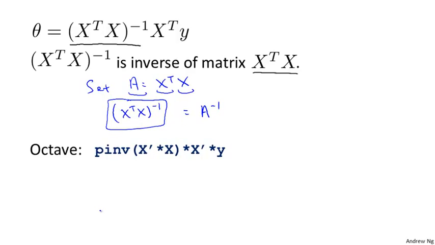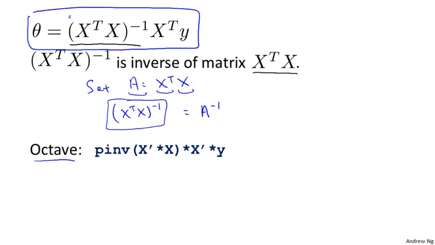We haven't yet talked about Octave. We'll do so in a later set of videos, but in the Octave programming language, or similarly in the MATLAB programming language, the command to compute this quantity, (X transpose X) inverse times X transpose y, is as follows.